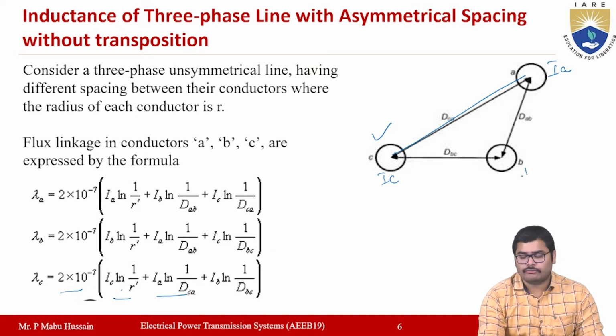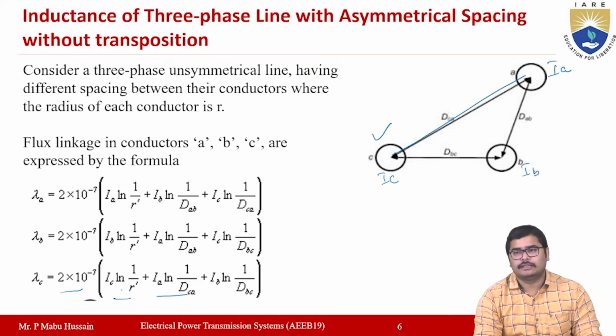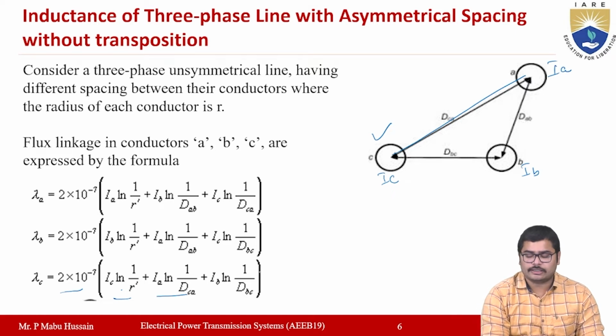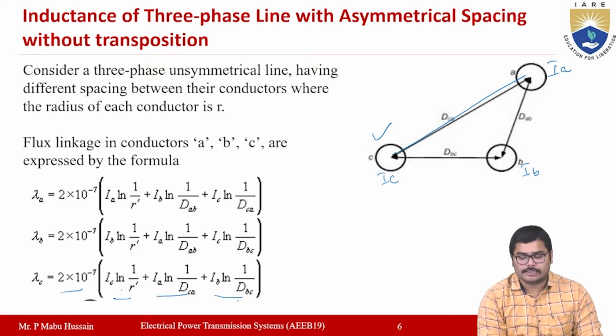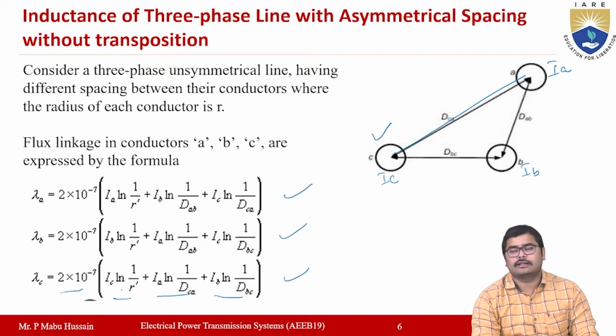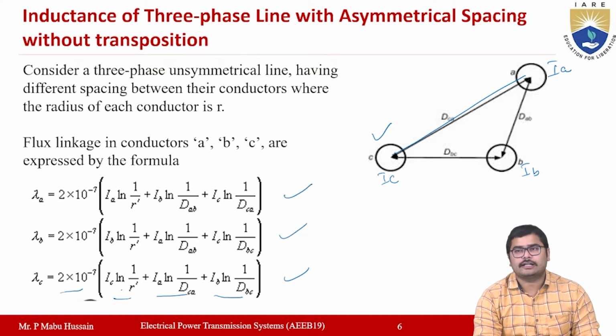Plus if you consider the current flowing in conductor B, which is IB, then due to this current the flux linkage of conductor C will be IB into ln 1 by the distance between B and C, which is DBC. So these are the flux linkage equations for each conductor.